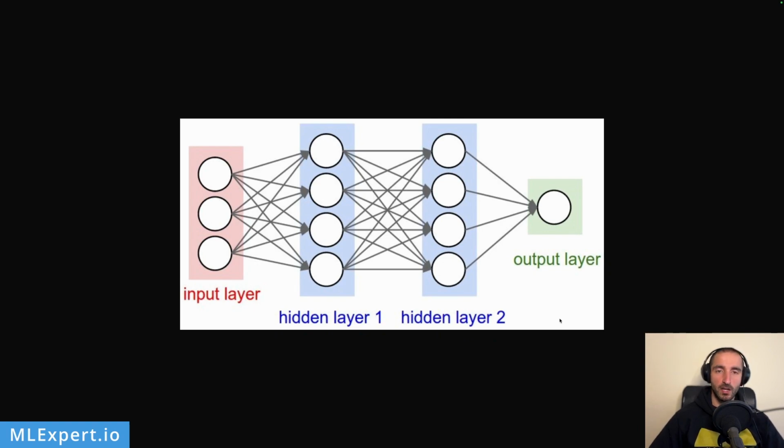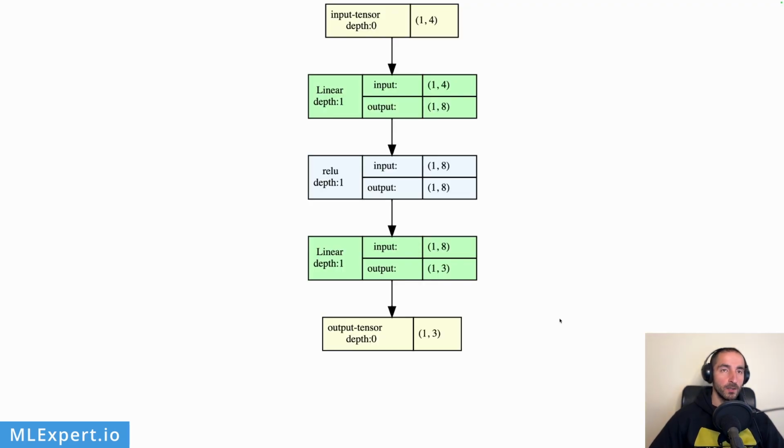So let's have a look at the neural network that we are going to build in this video. This is the visualization from TorchView. As you can see, we have again an input, called input tensor. Then we have an output, and this time the first parameter we're going to ignore because it's going to be the batch size, something that we are not going to be very much worried about. But the second parameter in here is going to be the number of input neurons, or the features.